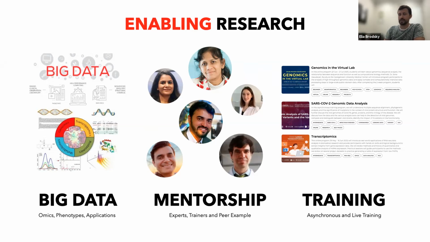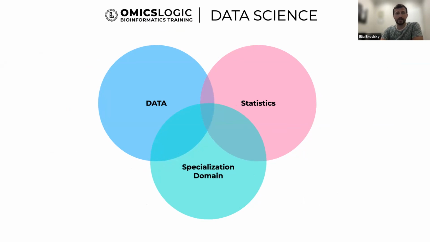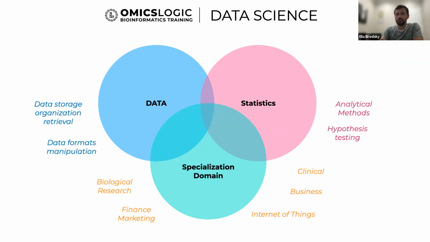But when I mention data science, what does that actually mean? Data science is the convergence of methods to deal with data, store, organize, manipulate, ways to analyze that data or statistical analysis, and ways to apply that to a particular domain.